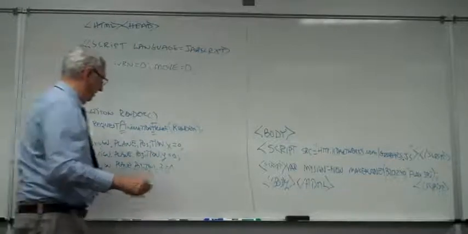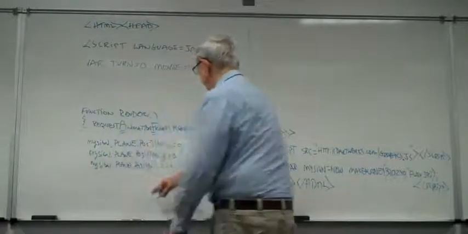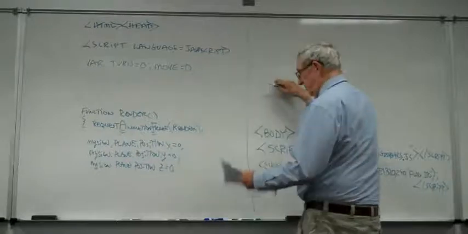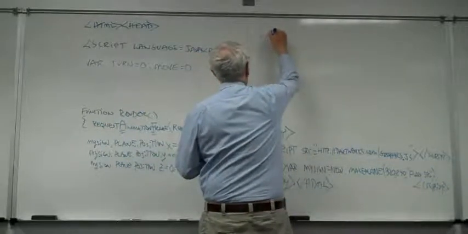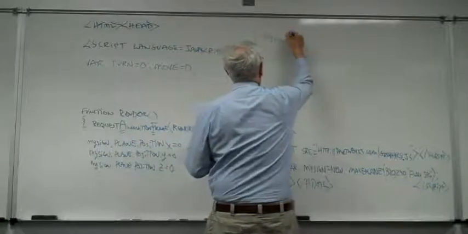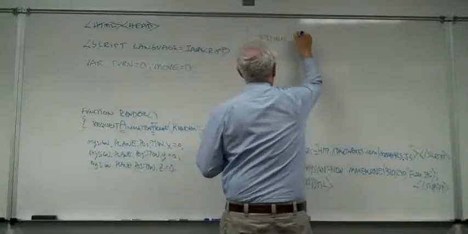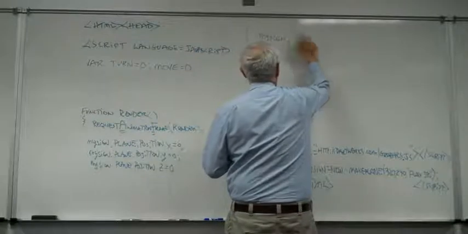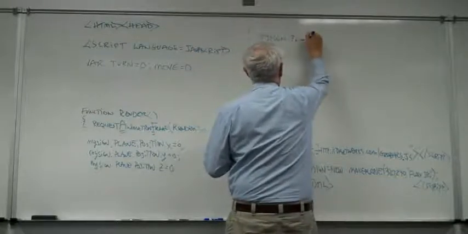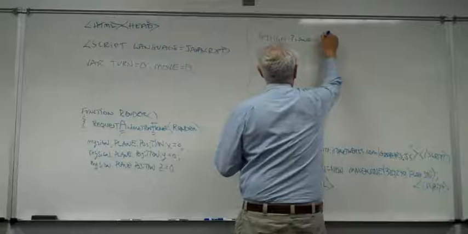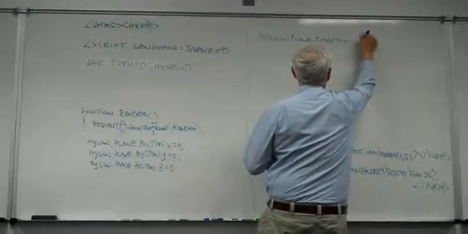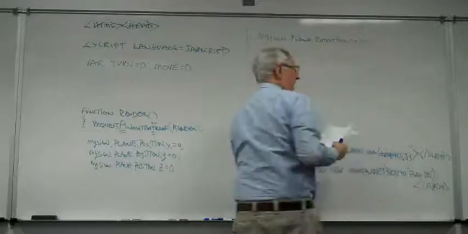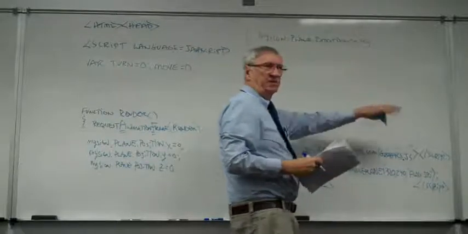I'm going to put them up here so we can see them better on camera. I'm just continuing the program up here. We're going to have my sign dot plane dot rotation dot x. That means I haven't rotated over the x-axis.